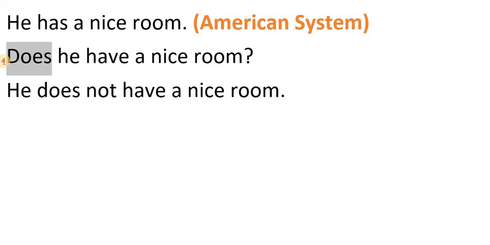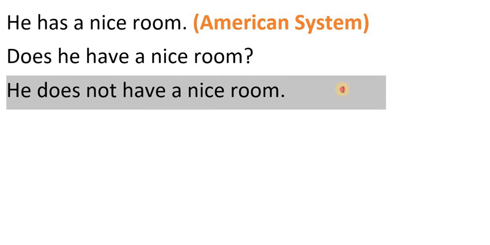Because whenever we use does, we should absolutely use the base form of the verb, so we have to use have. And if I want to make a negative, I only add does plus not in my sentence. For example, he does not have a nice room. He does not have a nice room. It means that he's not the owner of a nice room.